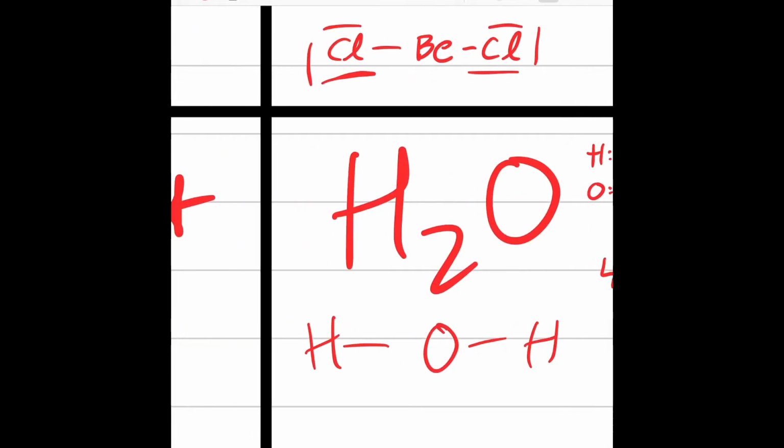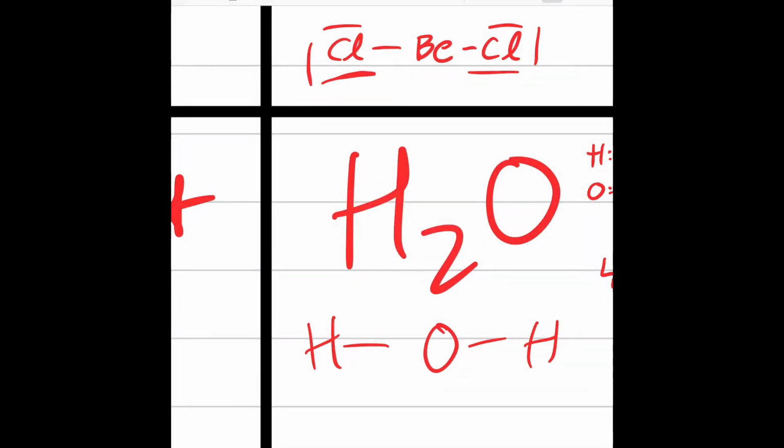Well, if I just draw the basic skeletal structure, I have 1 dash here, 1 dash here. And if you remember, hydrogen can only ever have 1 dash. So I can't put them around like this. I can't do that. Hydrogen only ever has 1 electron, so it can't have more than 1 dash at all.